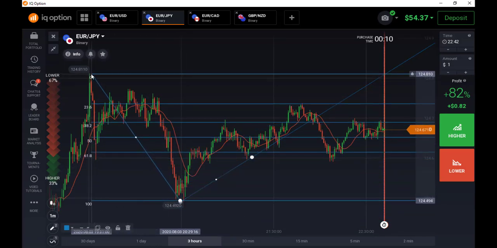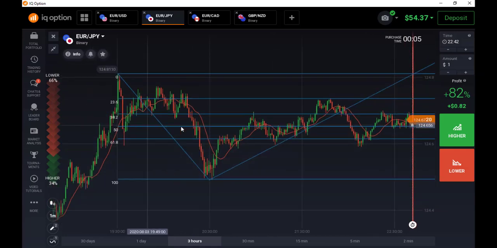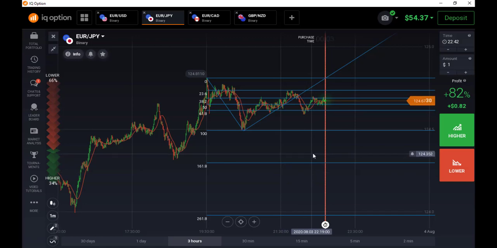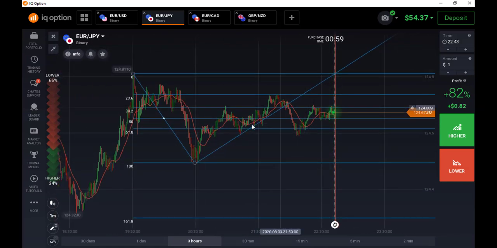So I'm using Fibonacci and dynamic support and resistance. I use trend line, and using that, I can find out a dynamic support and resistance, as you can see.